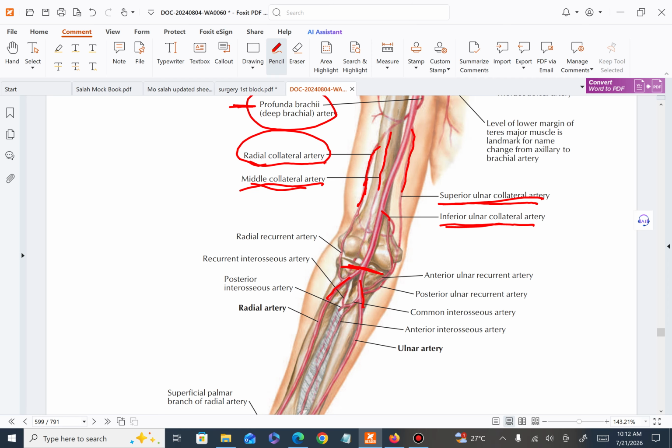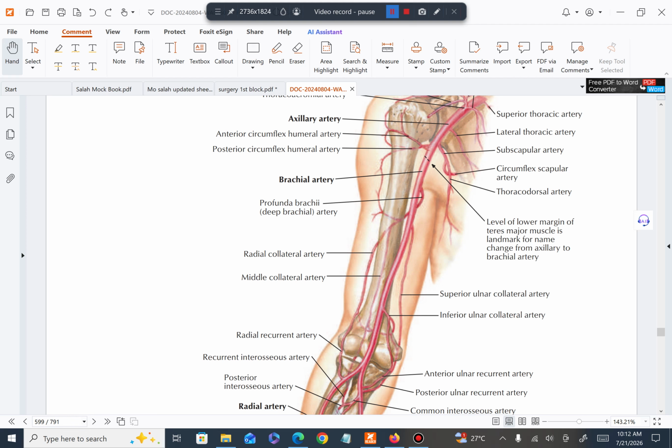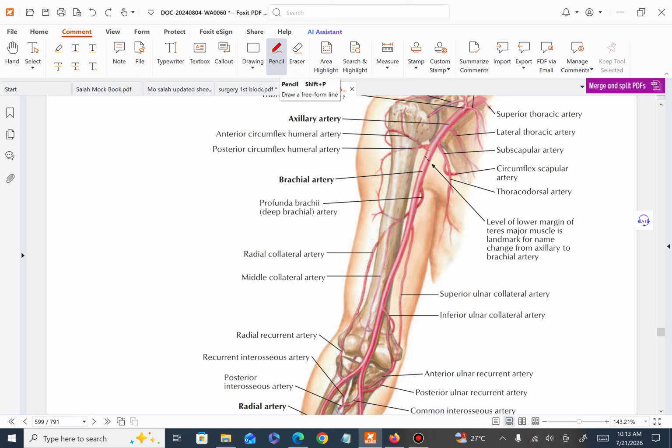So this is about the brachial artery. Let's summarize what we have been through. The brachial artery originates at the lower border of the teres major muscle as a continuation of the axillary artery, and it terminates opposite the neck of the radius in the cubital fossa into two terminal branches, the ulnar artery and radial artery.